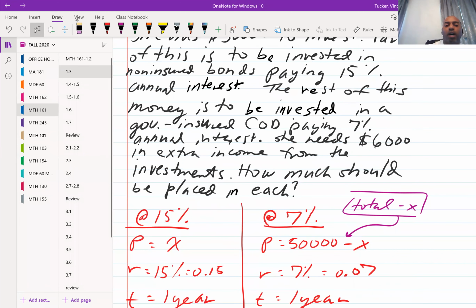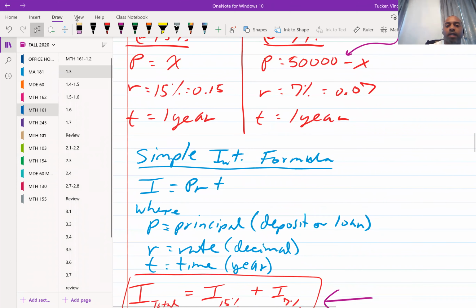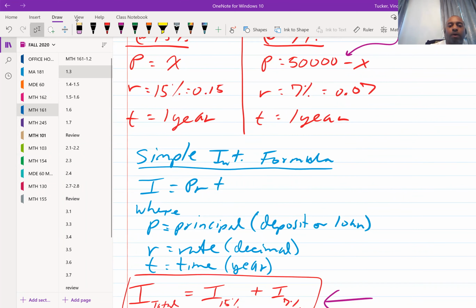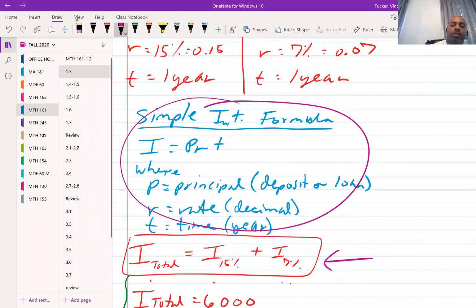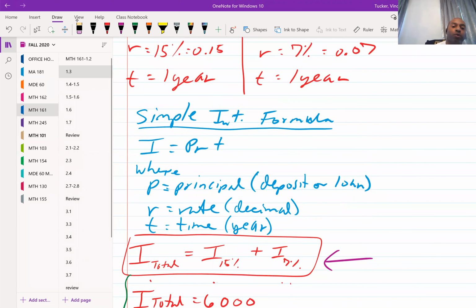Before we look at the red part, I want to go to the blue part. This problem is leaning on our simple interest formula relationship, I equals PRT. P is your principal, that's your deposit or loan. R is your rate, and T is your time.